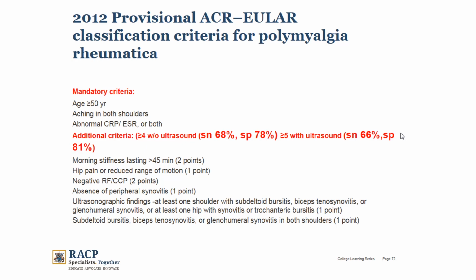The absence of peripheral synovitis is important, and if you can find ultrasound signs of subdeltoid bursitis or bicipital tenosynovitis, this can be helpful. If it is bilateral subdeltoid bursitis, they get 2 points.